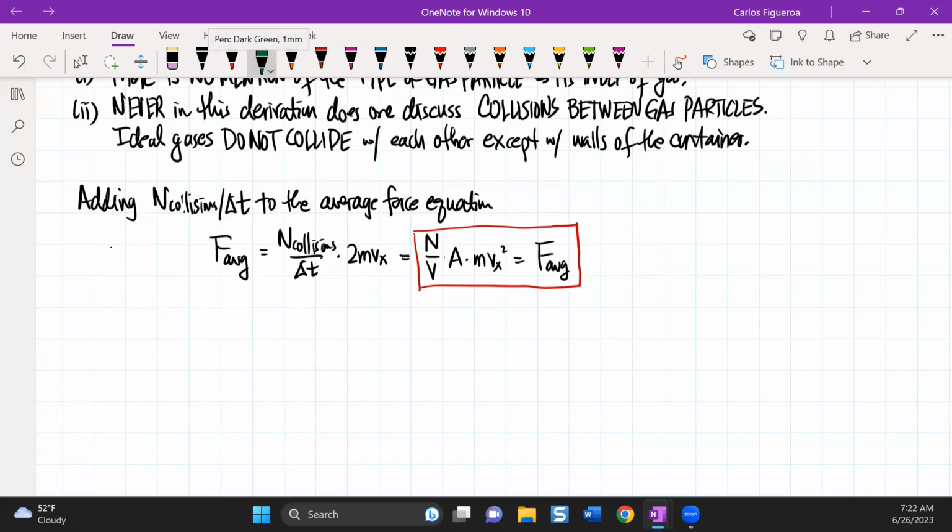This term right here, you could see here is that now kinetic energy enters the picture. For the first time, we're seeing how kinetic energy pops up.